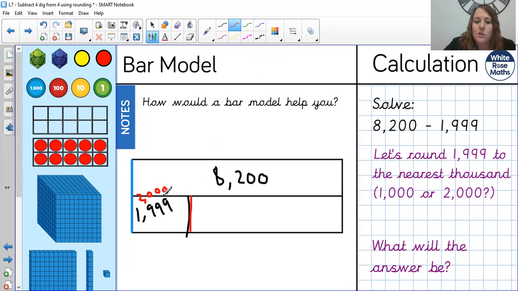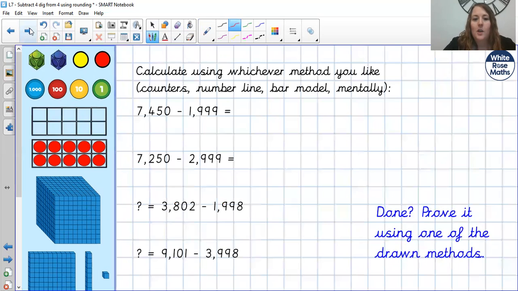So we do our 8,200 take away our 2,000, which would be 6,200. And because I've taken away too many, I need to add that 1 back on. So I would end up with a 6,201.